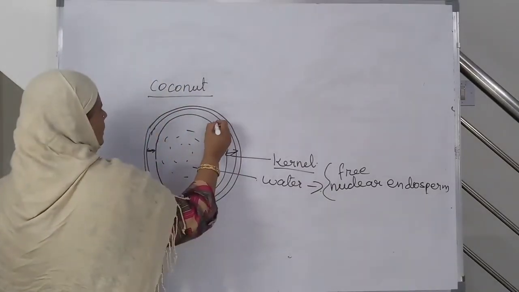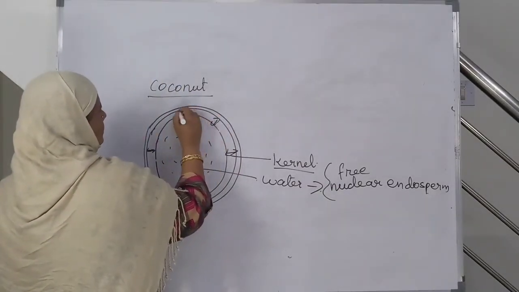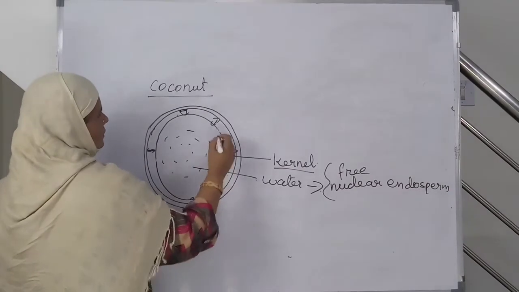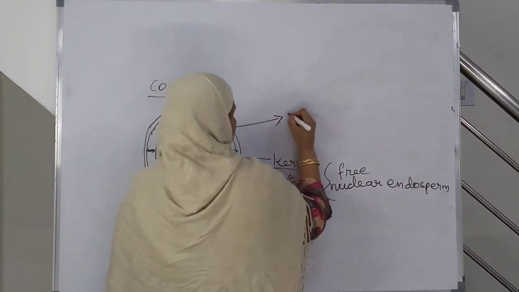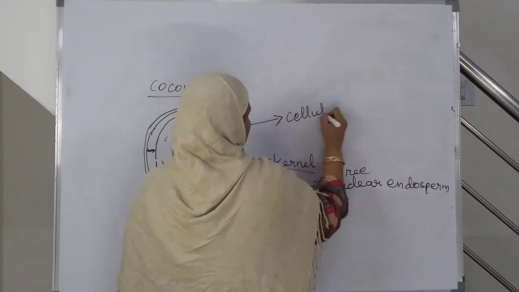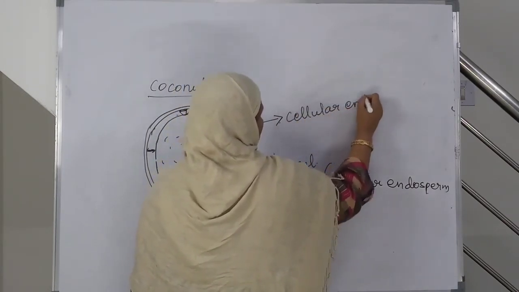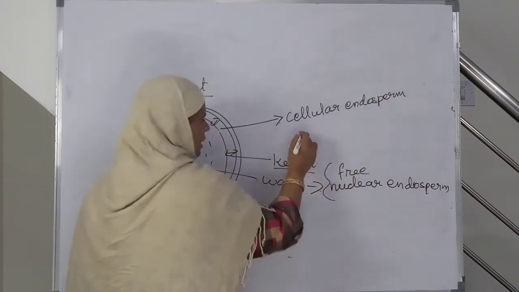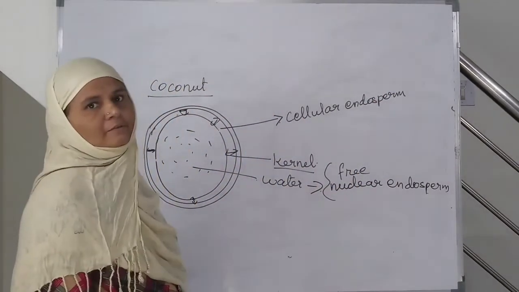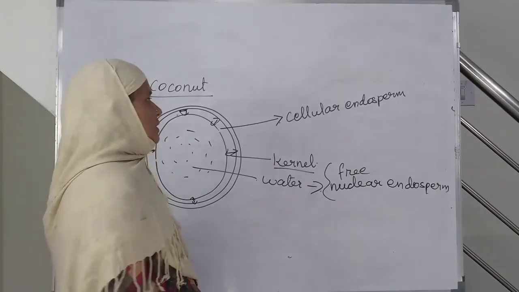The white kernel, this region, is cellular endosperm. These two points are very important from the examination point of view.